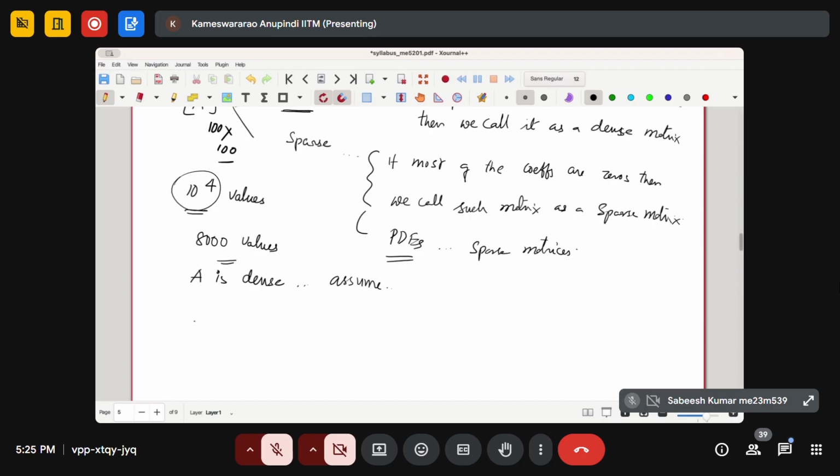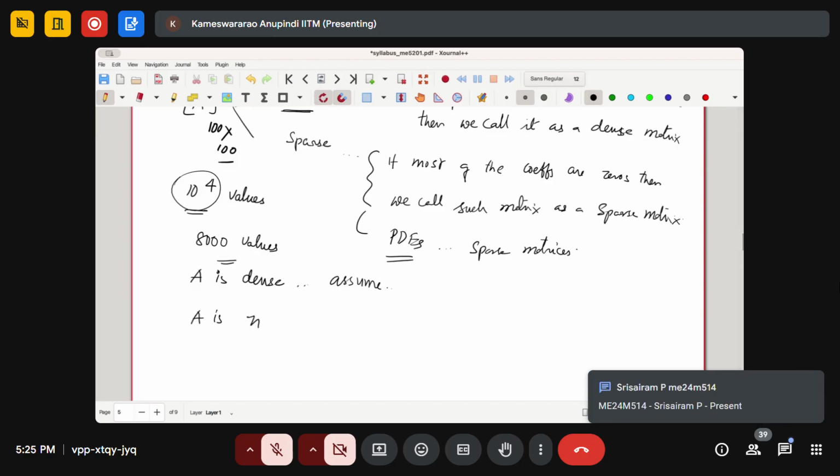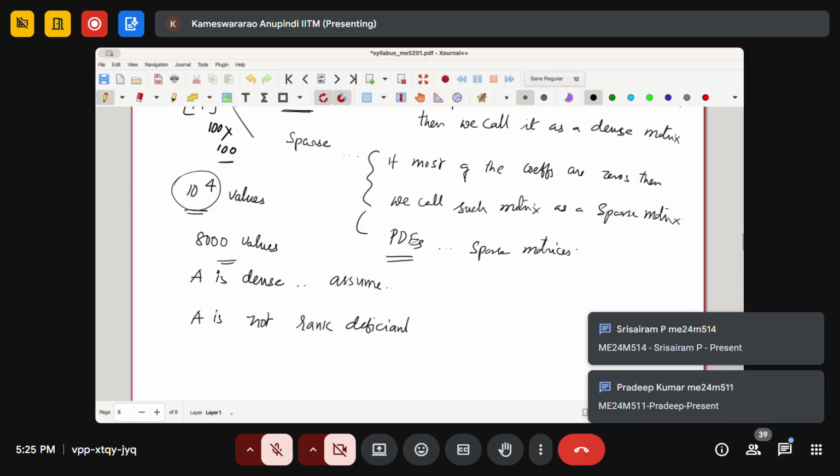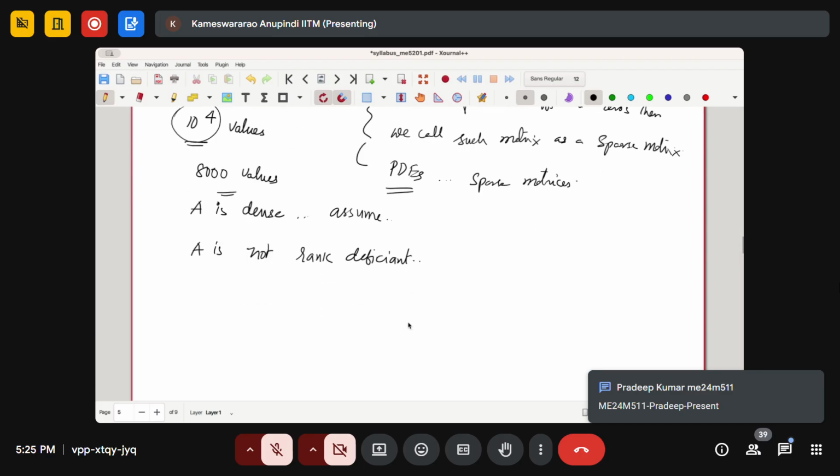Okay, then we are also going to say that the matrix A is not rank deficient. So what do we mean by not rank deficient?